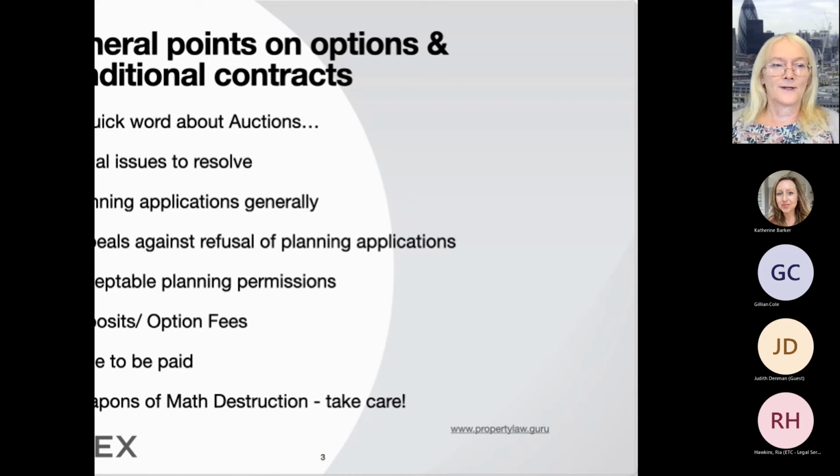So the first thing that you need to think about generally is, what is this planning permission of which we speak here, and who's going to apply for it? It's possible that it is a fixed price option. You will pay £2 million when you want to, and you've got 2 years to decide.